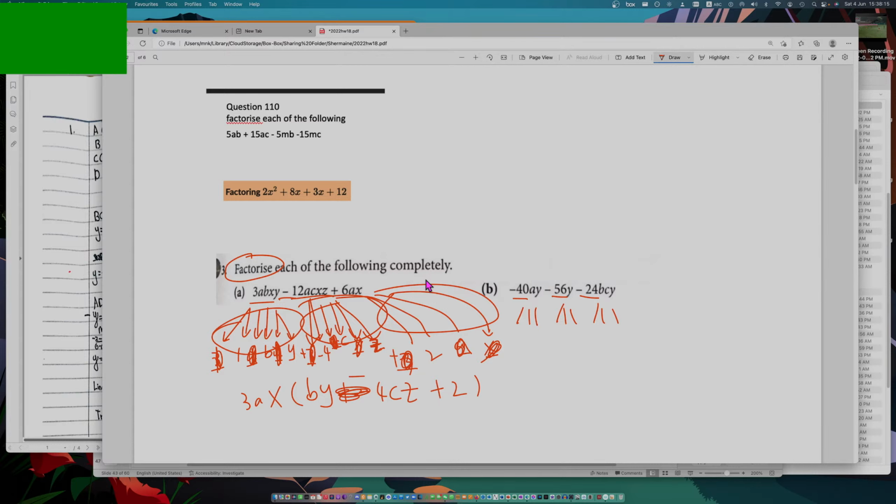What's the highest common factor? 4, yeah. You put the 2, right? Then you put the 2, right? Let me see. The first is 40, come on, this is 40, not 4. The first is 40.